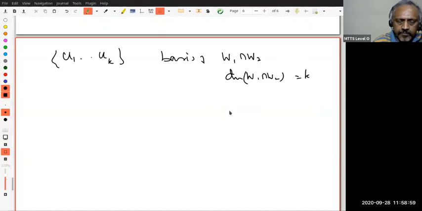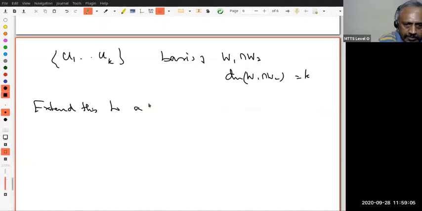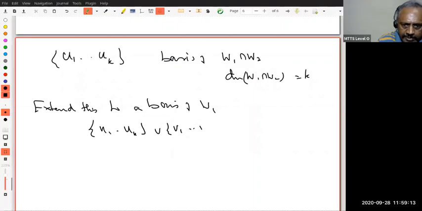That is K. Right? Now extend this to a basis of W1. So U1 to UK are given. Let me call the extra vectors V1 to Vm. So this is a basis for which one? W1. You understand?